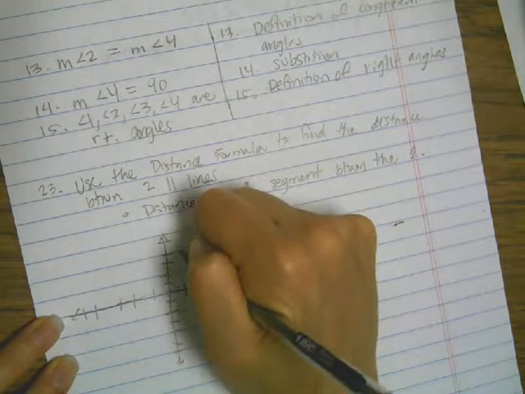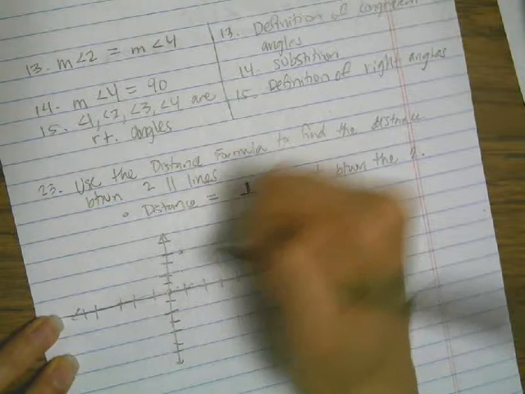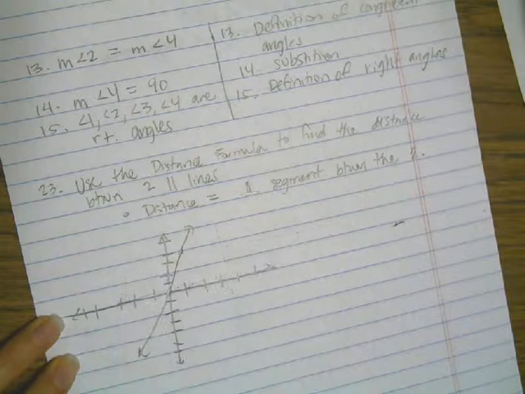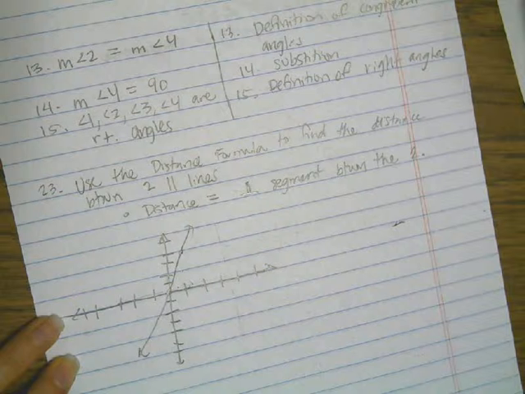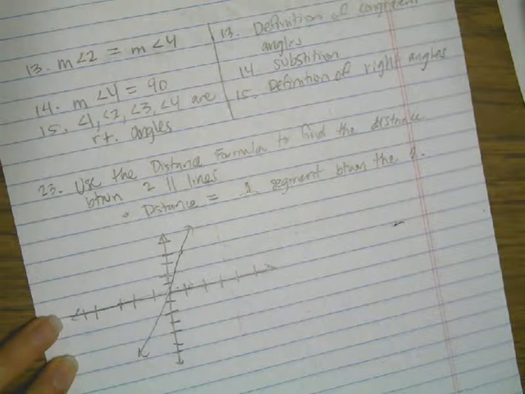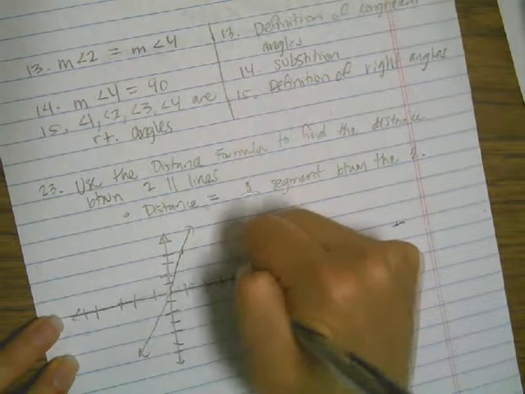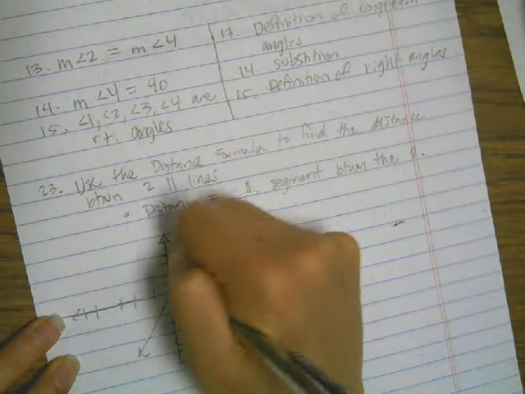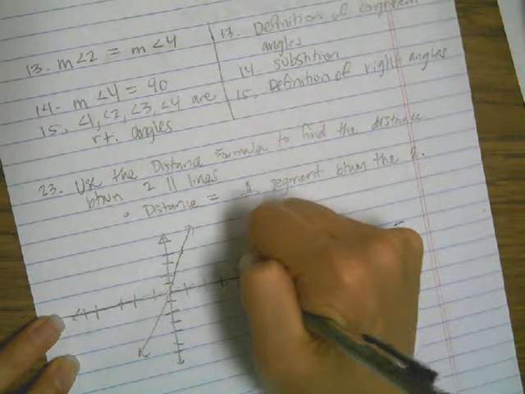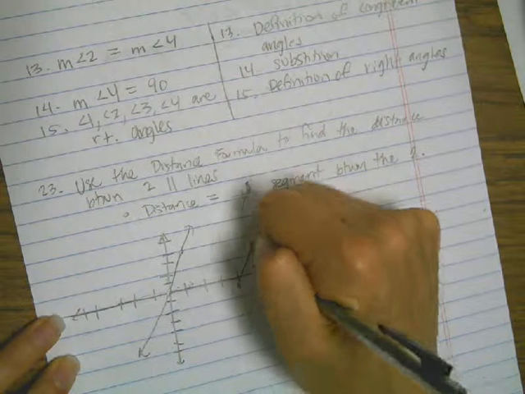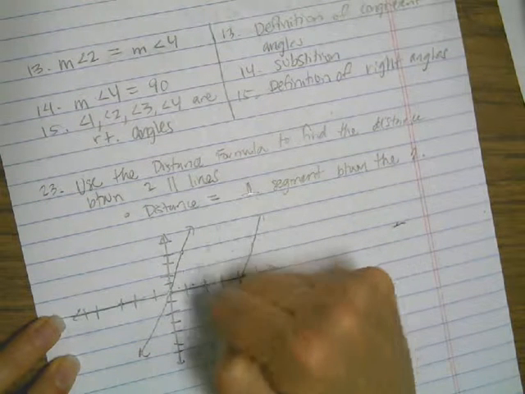So that would be here. The other line goes through the point 4, -1. And it's going to have the same slope, so it's going to go up 4 over 1. So here are the two parallel lines.